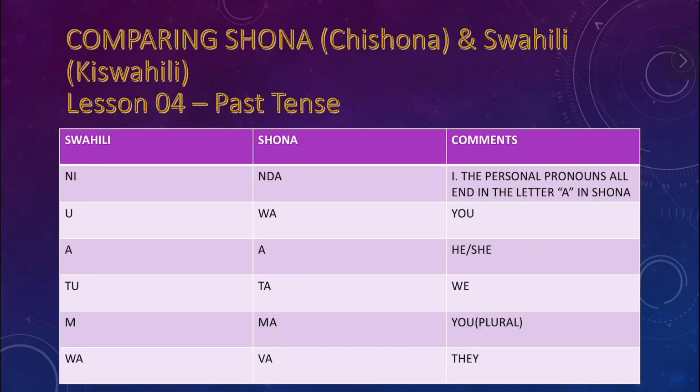Ta was ti and ma was mu and va was the same. So in Shona, all the personal pronouns end in a. Nda, wa, a, ta, ma, va.